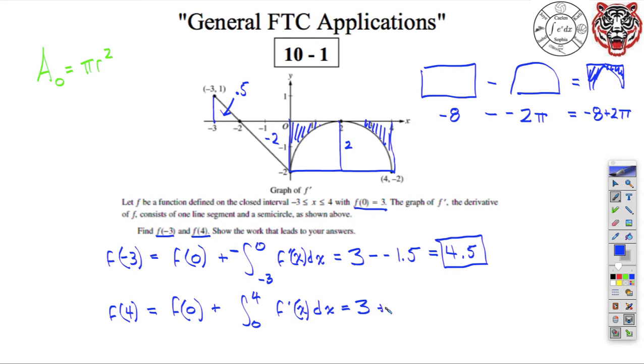So this is going to be plus our -8 plus 2 pi. That was the area that we found up here. And simplify that a little bit to get -5 plus 2 pi. All right, easy peasy lemon squeezy.